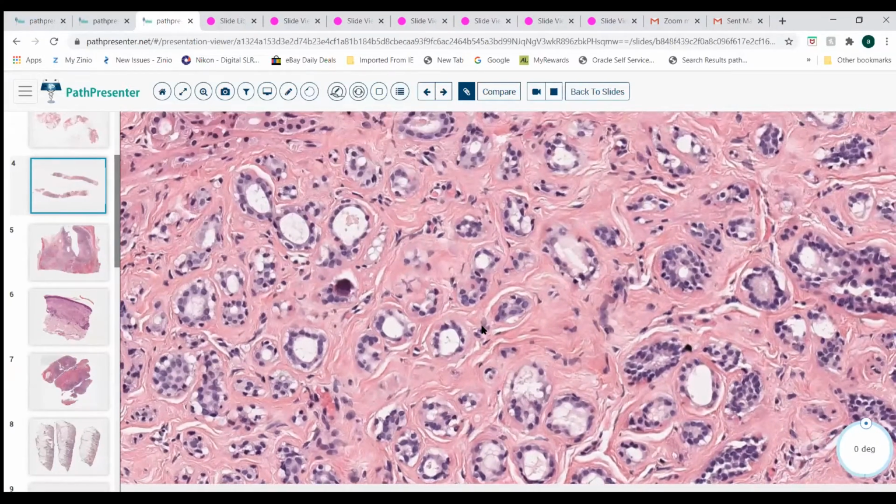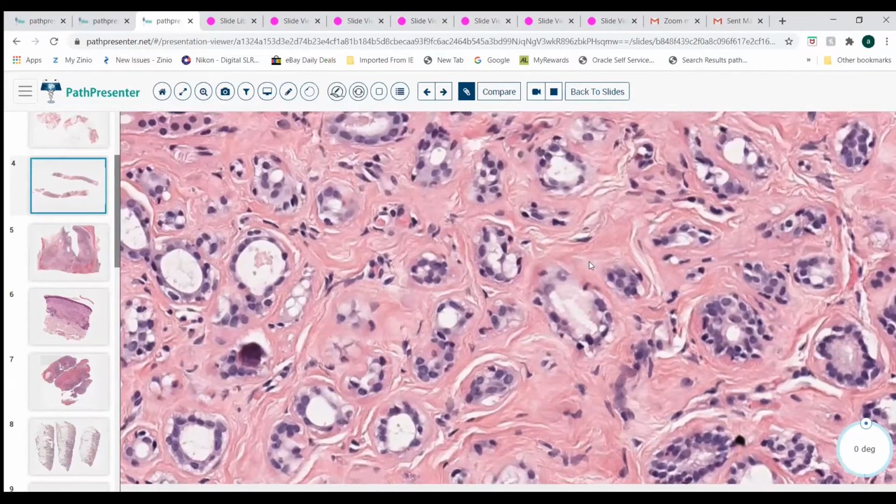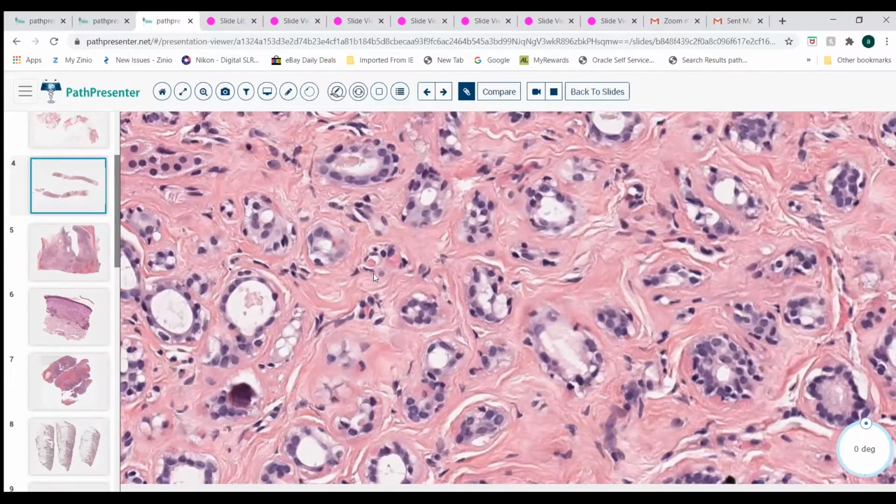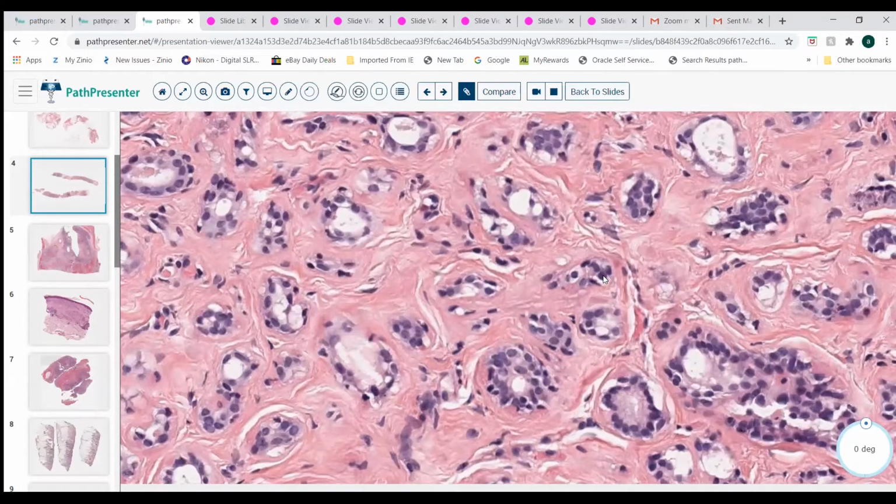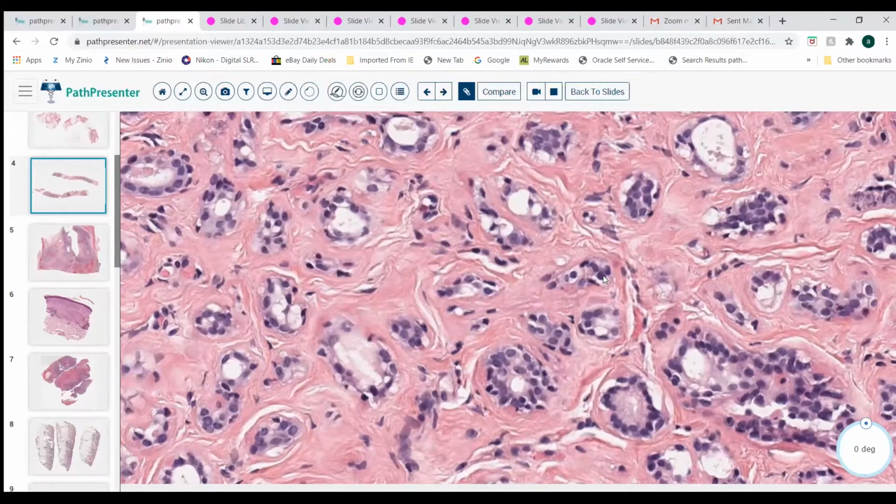There's a little bit of some calcium here. So what do you think? So the majority of you now think that this is sclerosing adenosis, microcalcification also seen. Microglandular adenosis, right?